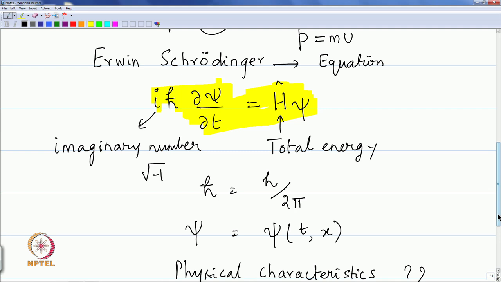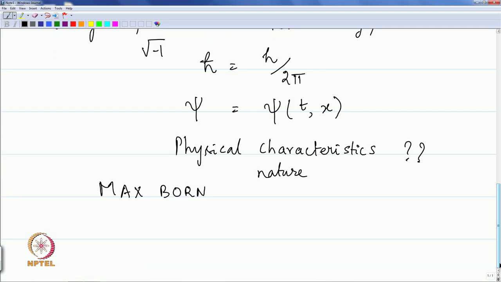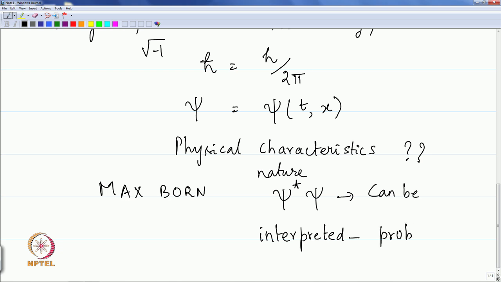But it was Max Born who said it is not the wave function psi, but it is the complex conjugate times the wave function itself, the product, that can be interpreted through probability statements. It is associated with the probability of something. We will see all of this in this whole course.